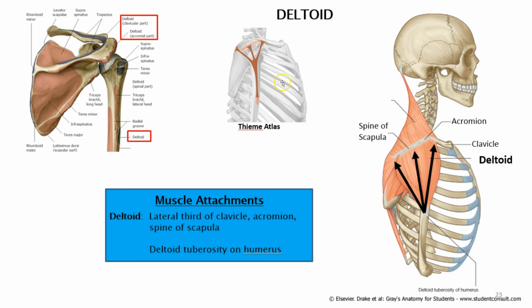Here we see some views of the deltoid muscle. Over here we see some fibers that run anteriorly, laterally, and posteriorly. Notice the broad origin. You can see this broad origin here shown in red. We have much of the scapular spine, the acromion process laterally, and the lateral third of the clavicle, though we don't necessarily see it on this view here.